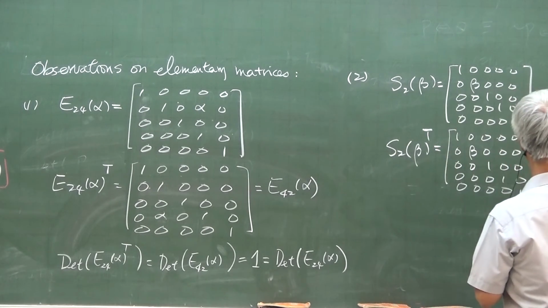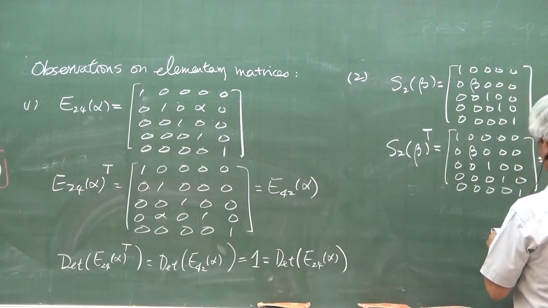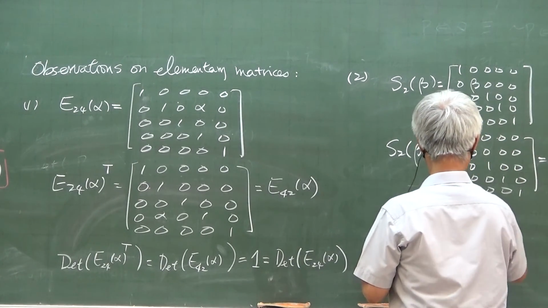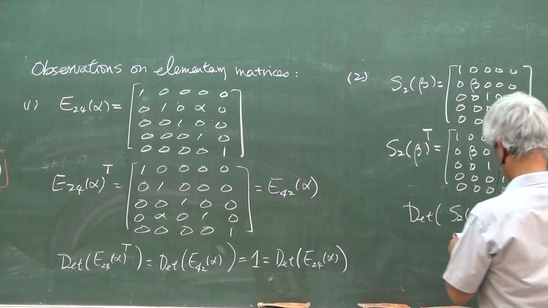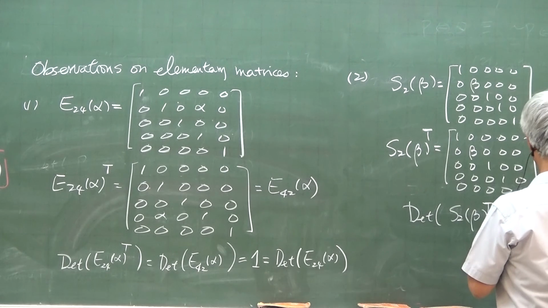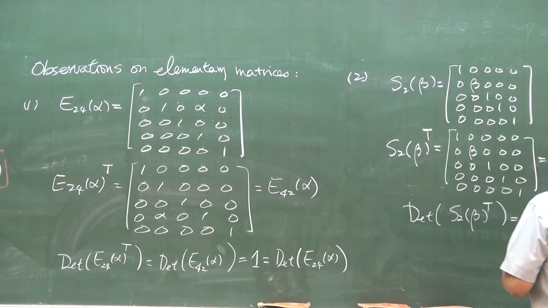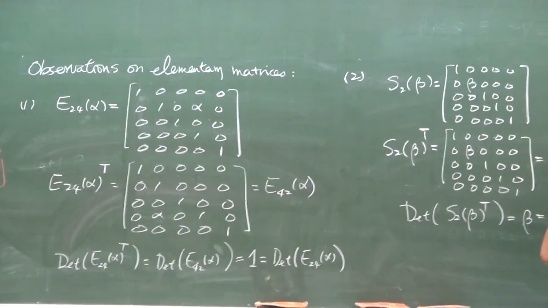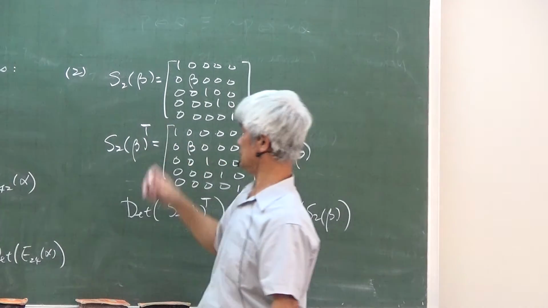So this is S 2 beta. The conclusion is that the determinant of S 2 beta transpose is equal to beta, which is the determinant of S 2 beta without transpose. So again, transposition will not change the determinant for the scaling matrix.